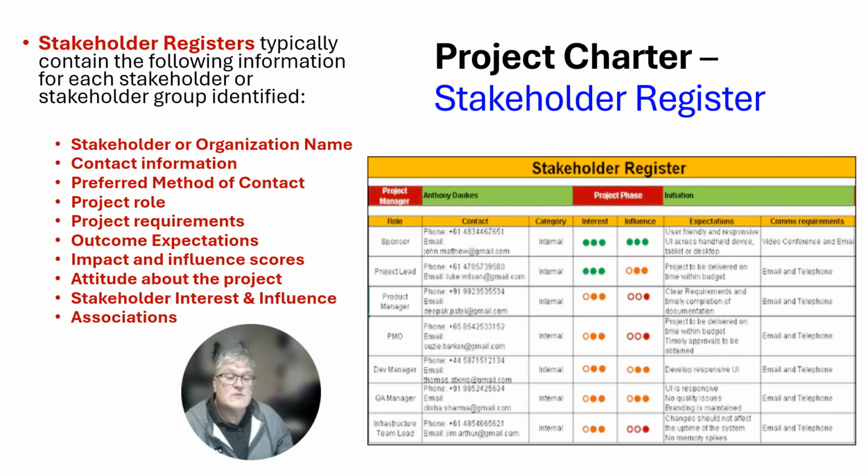For instance, in this one, it lists the stakeholder, the name of the organization, their contact information, their preferred method for contacting them, their project role, their influence or interest on the project, their outcome expectations, their impact and influence score, which might have been rated, their attitudes about the project, their interest in the project and their influence, and all their other associations. So that would be a useful tool for dispersing information regarding a project.